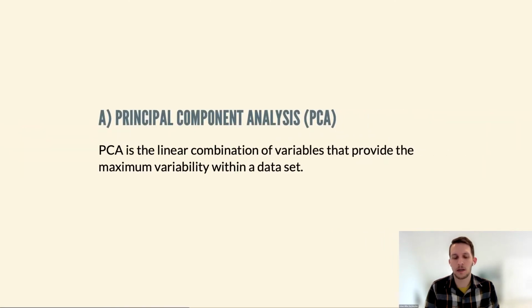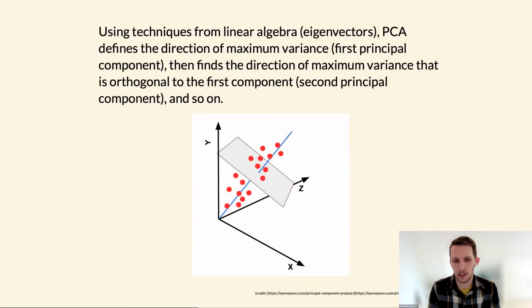So a very common and one of the sort of best first methods for dimensionality reduction is known as principal component analysis. And PCA is the linear combination of variables that provide the maximum variability within a data set. Or in other words, I think this figure illustrates things somewhat well. PCA aims to use techniques from linear algebra, essentially the search for eigenvectors, to define a direction of maximum variance.